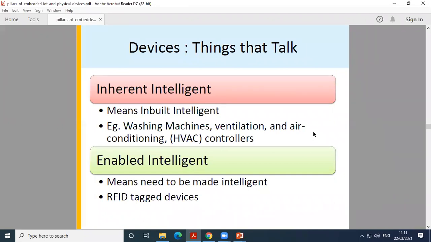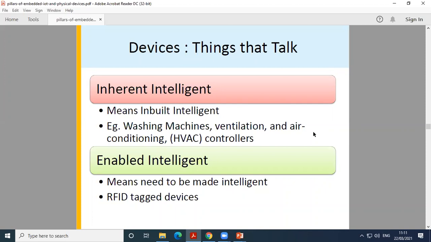In the example of RFID tags, we put serial numbers or some data into the tag, and after that the tag holds the data and acts as an intelligent device. So these are the two types of devices: inherent or inbuilt intelligence, or we make the device intelligent.